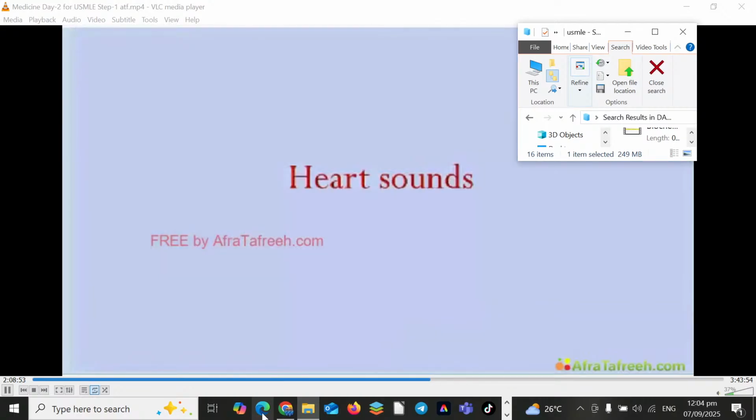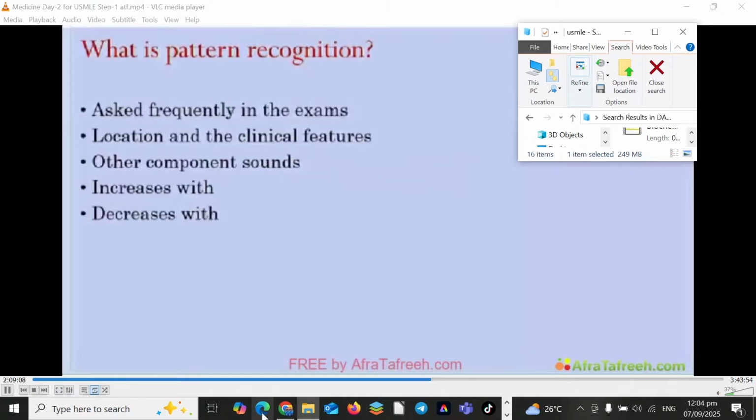So the next topic we'll be discussing now is heart sounds. It's interesting, it's simpler, and it's a lot more fun understanding and realizing what heart sounds are all about. The way we're going to proceed with heart sounds is based on what is going to be asked to you in the question.